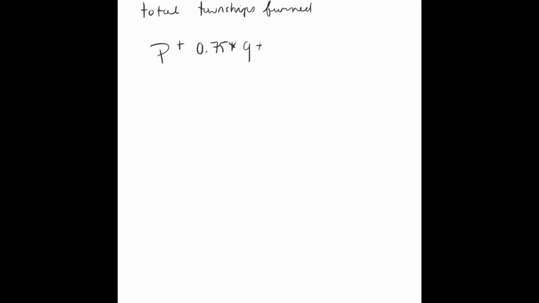And then we're going to add 50% burned times our count, which is represented by T. And then the same thing for 25% burned, right? And all of that is going to equal our number of townships burned.